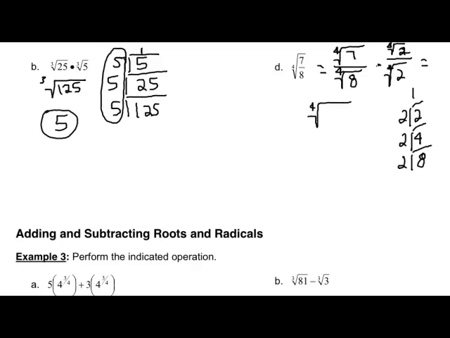So we have the 4th root of 14, all over 8 times 2 is 16. The 4th root of 16 is just 2. So that got rid of our radical in the denominator. So again, in order to get rid of the radical in the denominator, we have to multiply by whatever number is going to give us a full group based on the index.